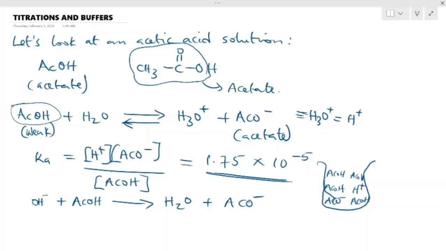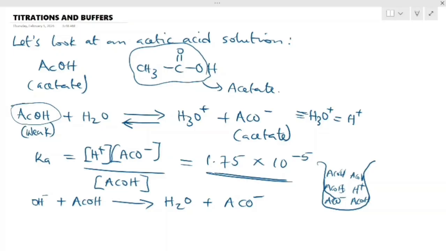As such, you add more of this OH, you are converting more of the acetic acid to acetate. As you continue to add OH to this, you continue to have that OH ripping off these hydrogens attached here and having more of the acetate. So that's basically what the titration reaction is about.